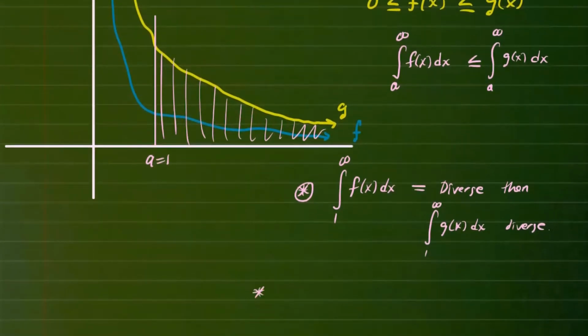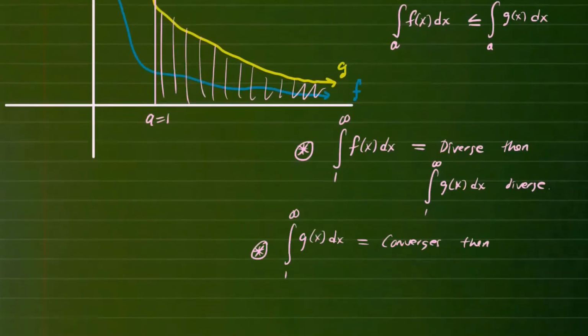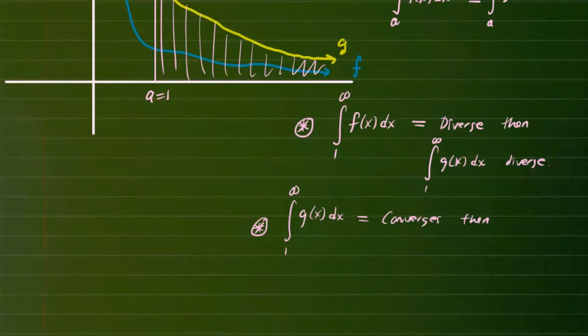Or we can write down the following statement. If the integral from 1 to infinity of g of x dx converges, then if something above converges, whatever lies below will also have to come to a finite value. It will also converge.